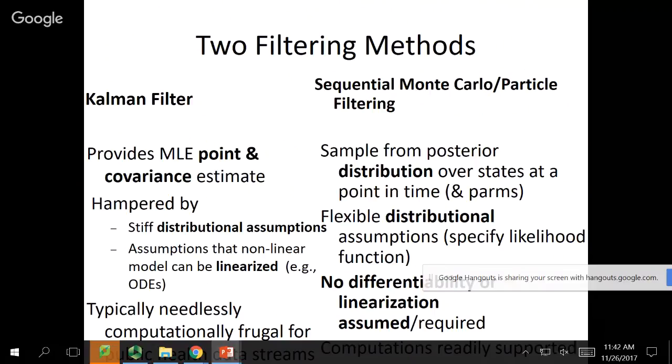There we might need to, many times a second, do updates for our estimate, get a consensus estimate back about where we're at now, so we can plan how much thrust to put into the boosters, et cetera. And we have to do this in a very computationally frugal fashion.